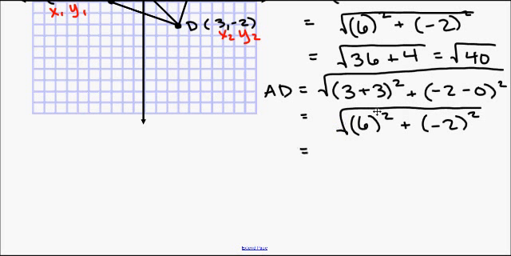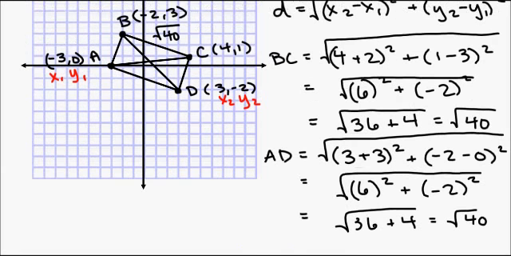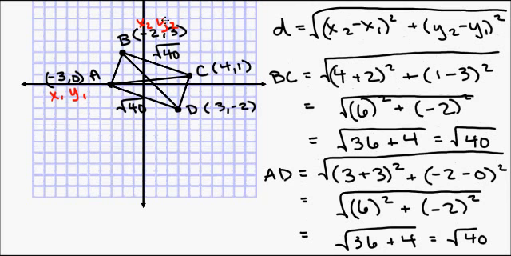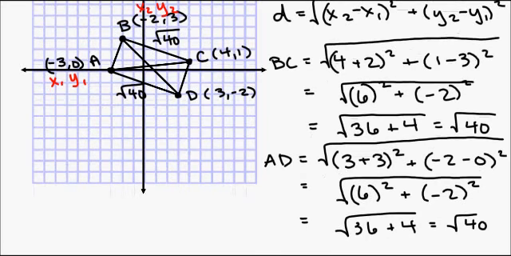This should look familiar. So I have 36 plus 4 under my radical, which gives me square root 40. Square root 40. Okay. Now those are the same, so that's good. If they weren't the same, I would want to go back and check my work because in a parallelogram, opposite sides are congruent. We're going to find AB next.